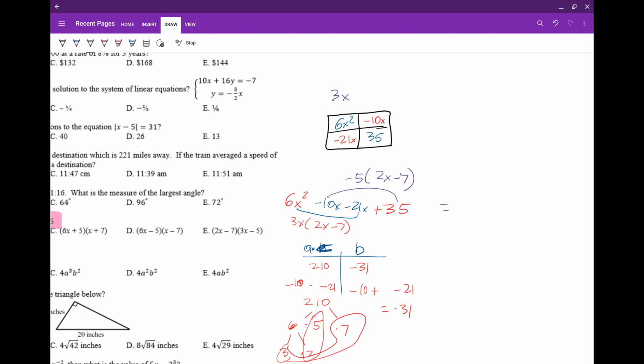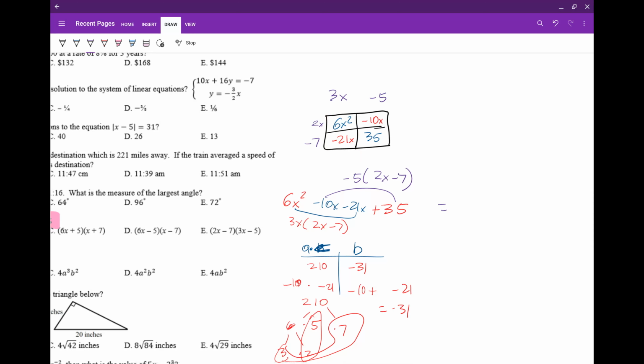And then the greatest common factor across the top row is going to be 2x. And then if I just fill out this table, I have negative 5 up there, and then I have negative 7 over here. And that's pretty much what we get by grouping.